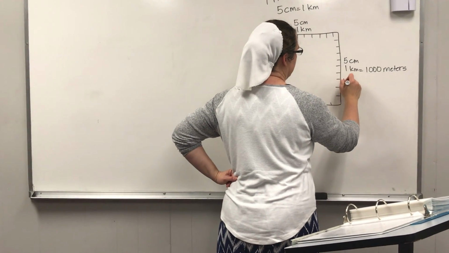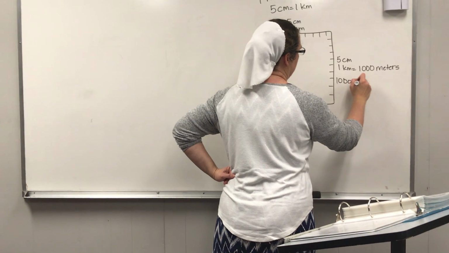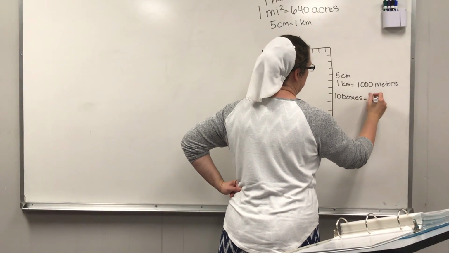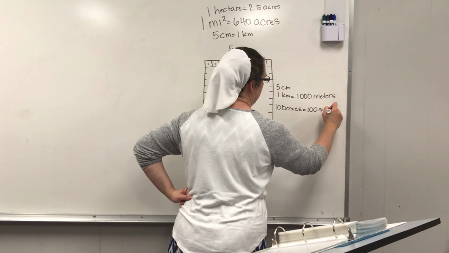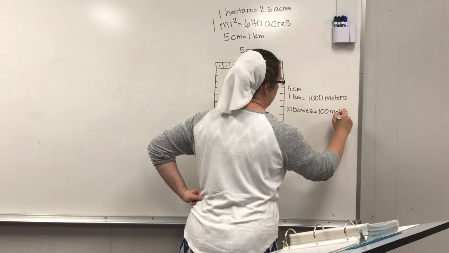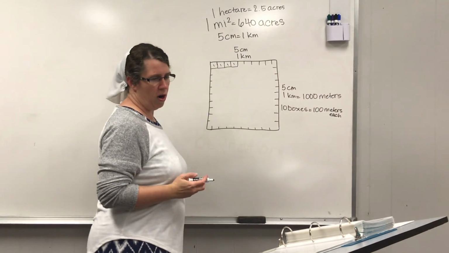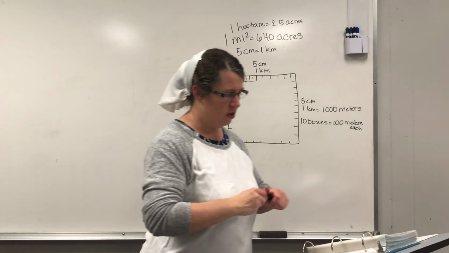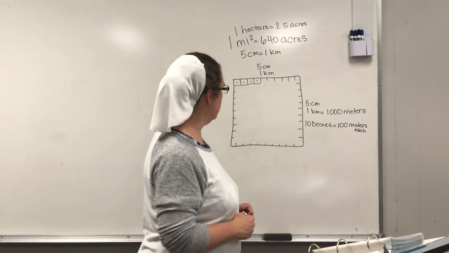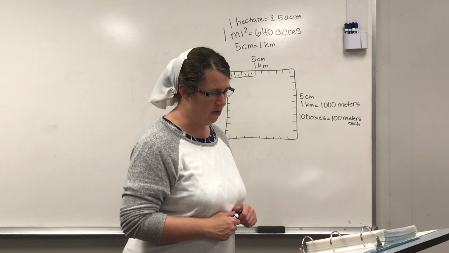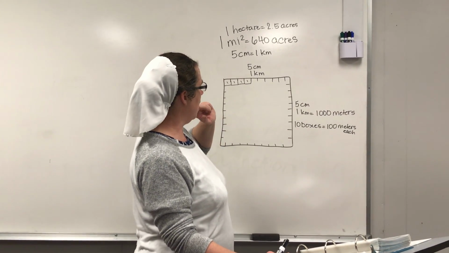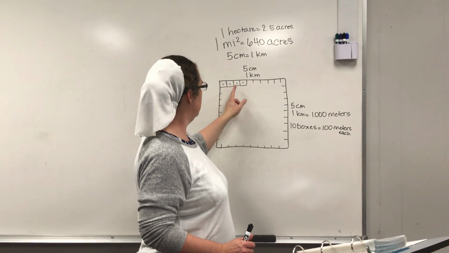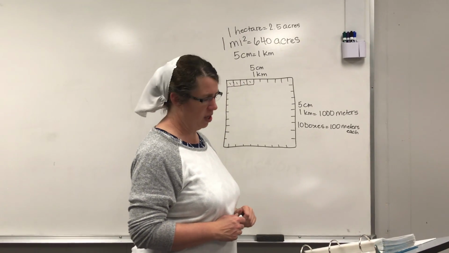So 10 boxes equals 100 meters each, right? Mm-hmm. So each small square represents 1 hectare, and they represent land that measures 100 meters on each side. So 10 boxes equal 100 meters on each side.